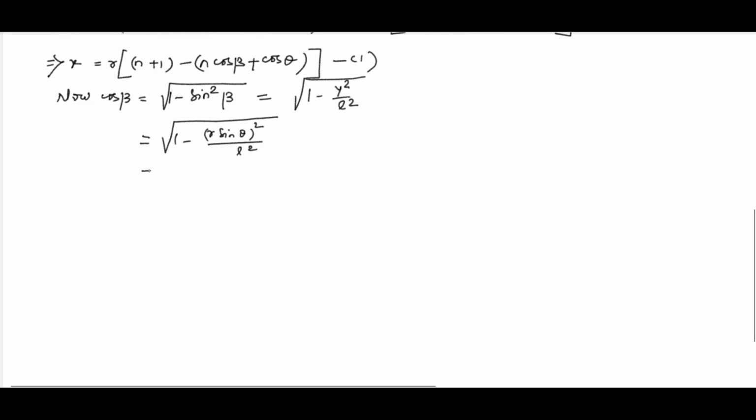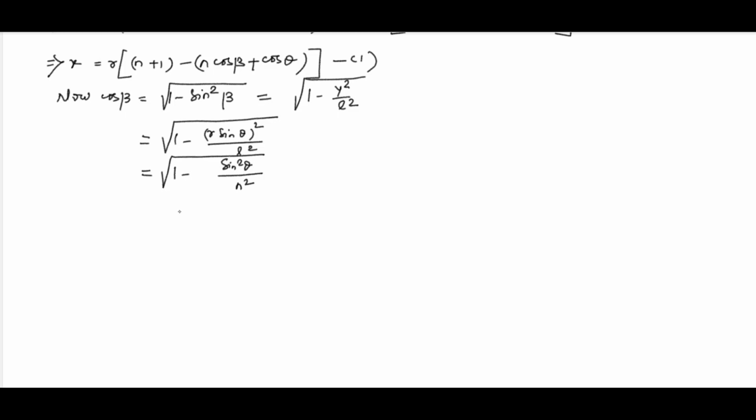Now we can write this equation as, in the numerator, sine square theta divided by L square. When you bring this r square to the denominator, it will be L square by r square, which is equal to n square.